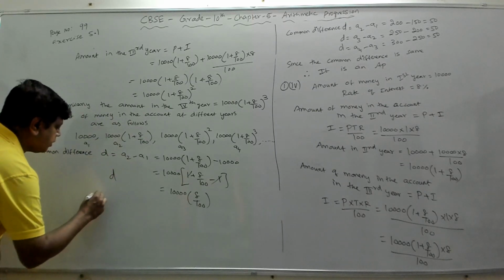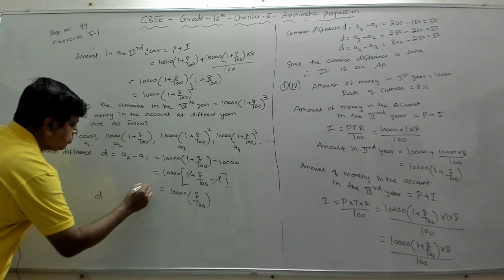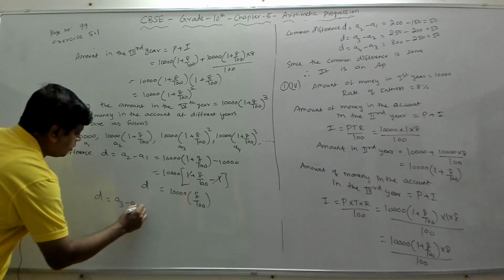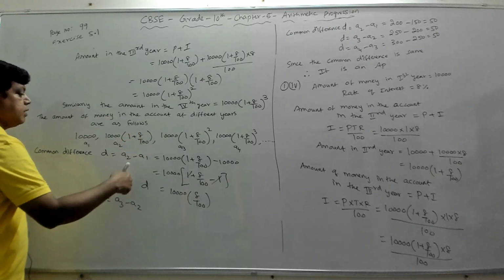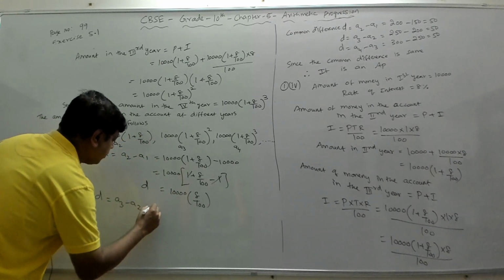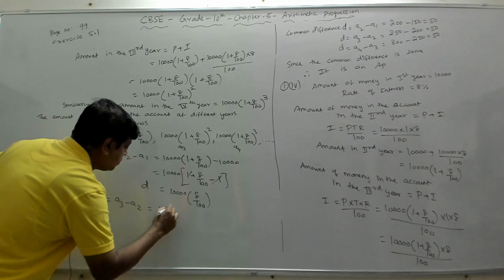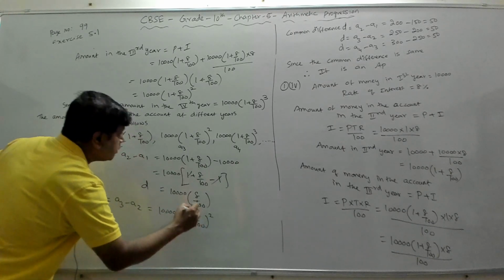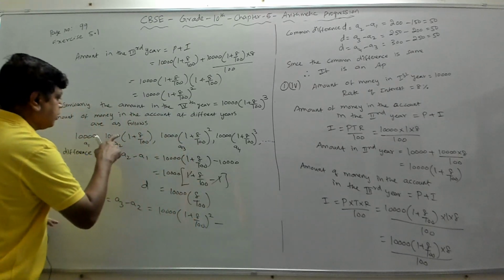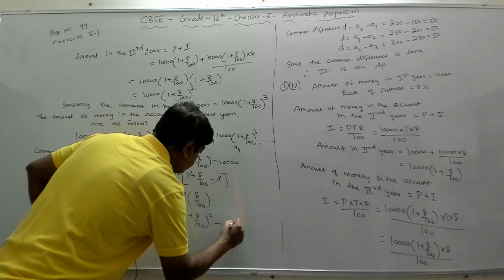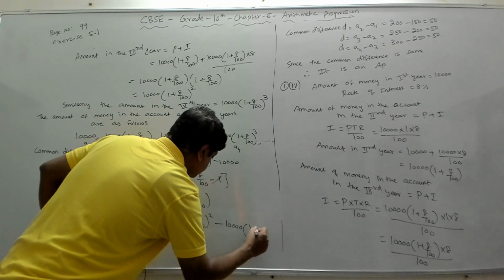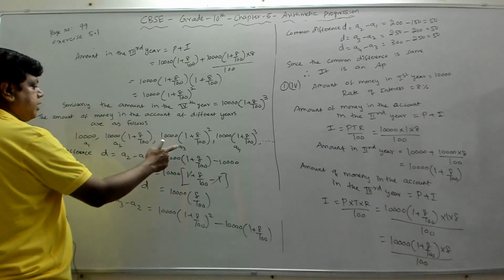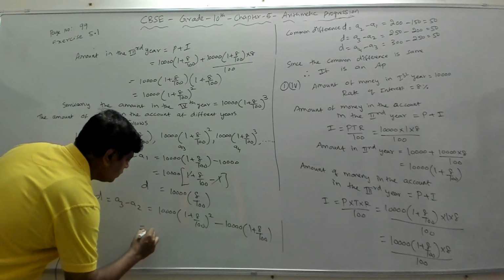Now again, let's find d equal to A3 minus A2. We'll see what that common difference is. A3 is 10,000 into (1 + 8/100) whole square, minus A2, which is 10,000 into (1 + 8/100).